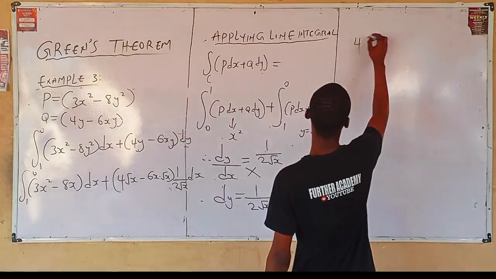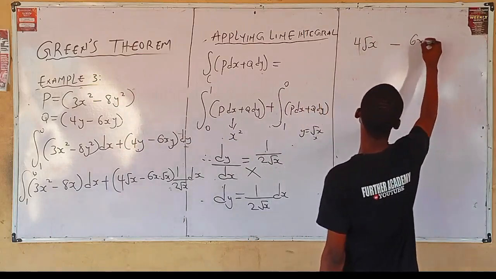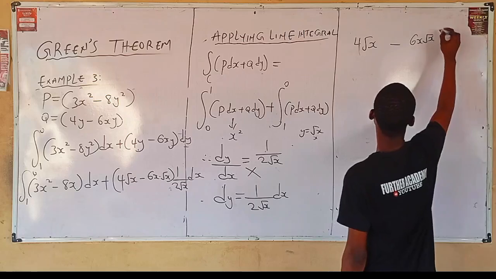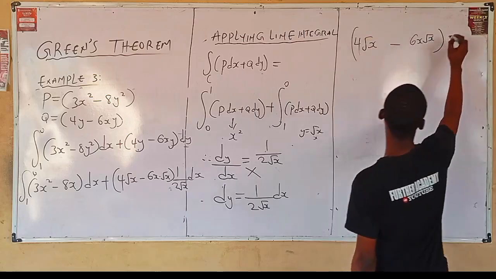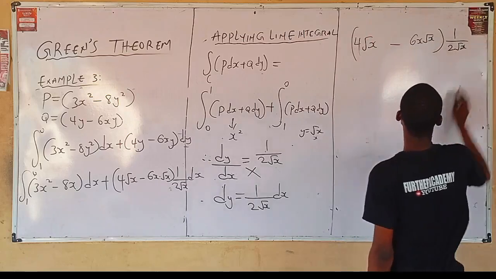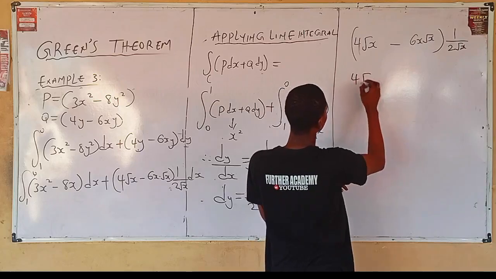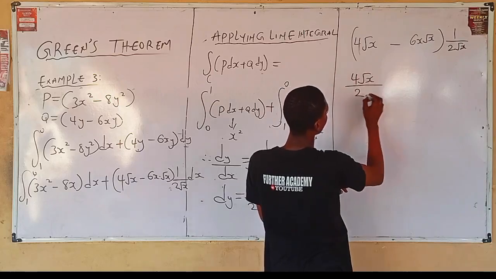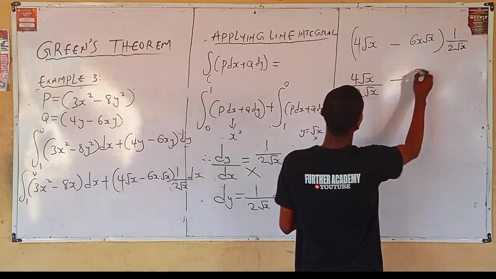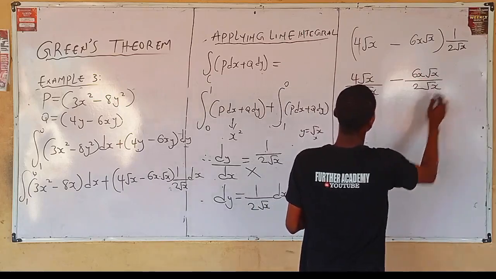I'm having 4 square root x minus 6x square root x, multiplying 1 over 2 square root x. Now, open up expansion, meaning 4 times square root of x divided by 2 times square root of x minus 6x square root of x over 2 square root of x.